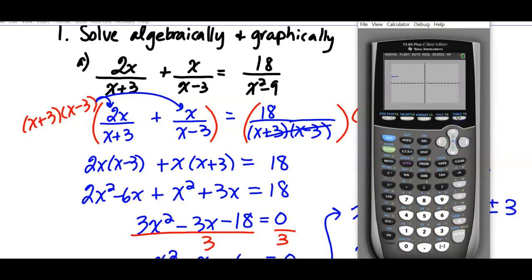Now, if I graph that, I'm looking for x-intercepts. So I can see it right there really easily. That is -2. And because I graphed y equals 0, then I can use intersect on my calculator. Okay, if you didn't, let's say you just graphed y1.